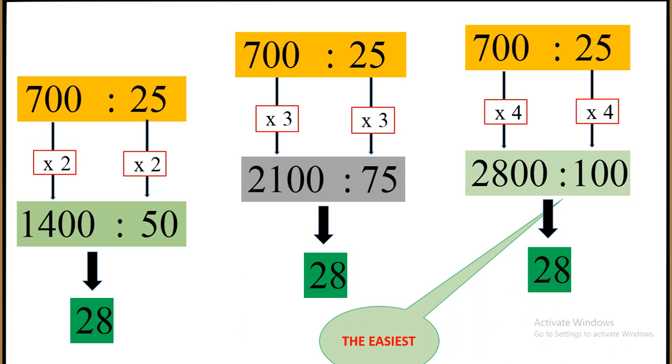So dividing by 100 is very trivial, effortless. Just remove the two zeros, we get the result.